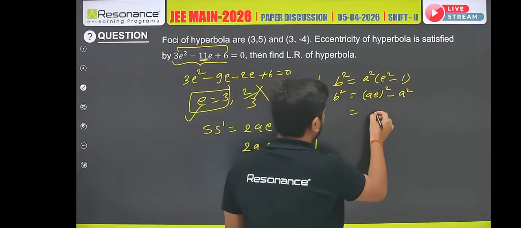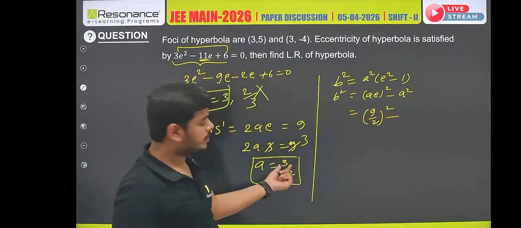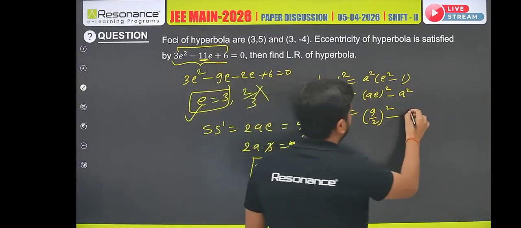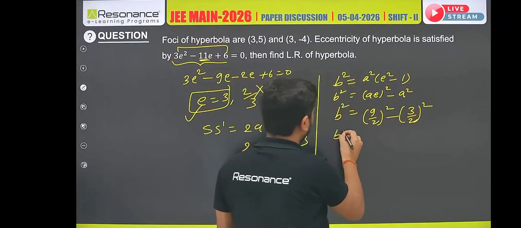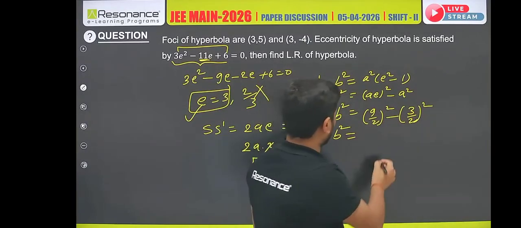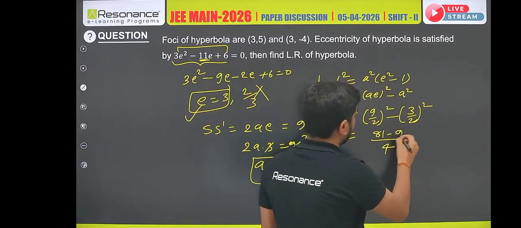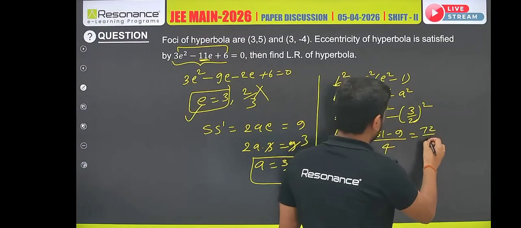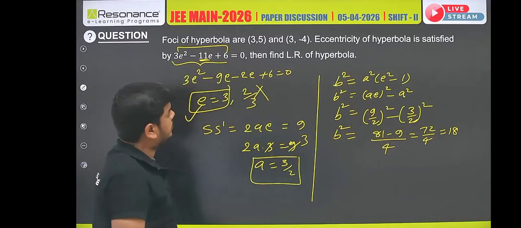So you can square this, 9 by 2 whole square, and A square is how much? 3 by 2 whole square. This will become B square. So B square is how much? LCM is 4. 81 minus 9. So 72 by 4, you will get 18. So B square is 18.